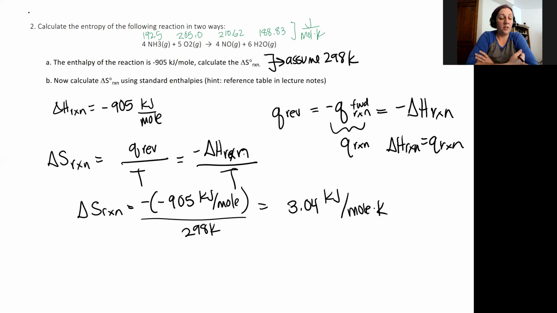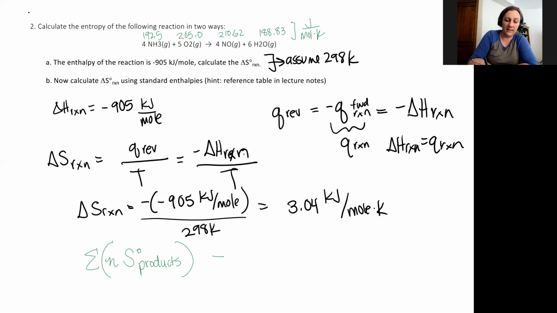So what we're going to use for an equation then is we're going to take the sum of the coefficient times the standard entropy for each of our products, and from that, subtract that sum for our reactants.